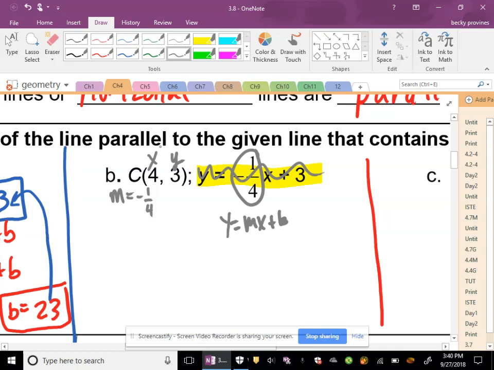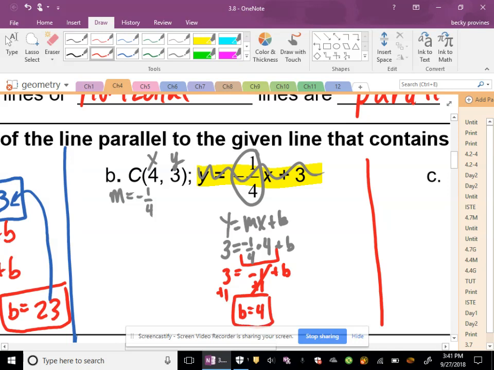My y value, looking back at the coordinates, is 3. My m is -1/4, and my x is 4. So I'm going to multiply. I know that -1/4 times 4 equals -1. If you happen to not know that, you could grab a calculator and easily figure that out. Now, let's solve for b. I'm going to add 1 over and get that b is 4.